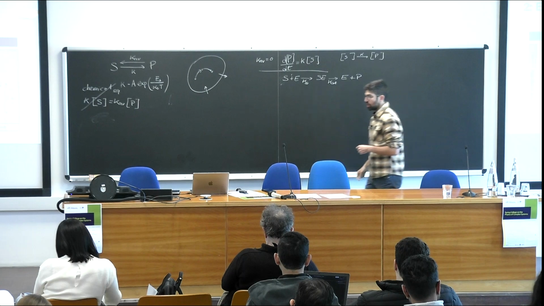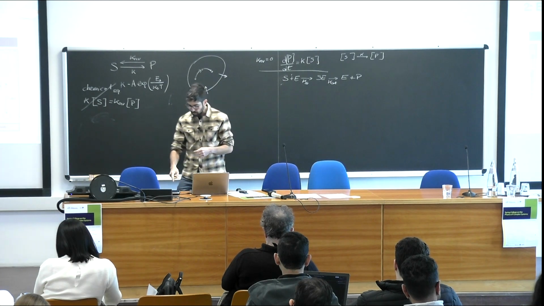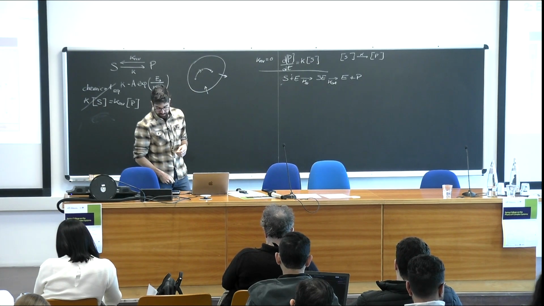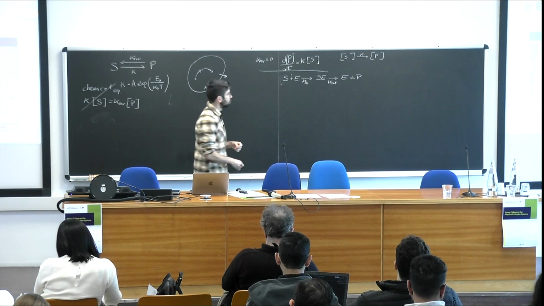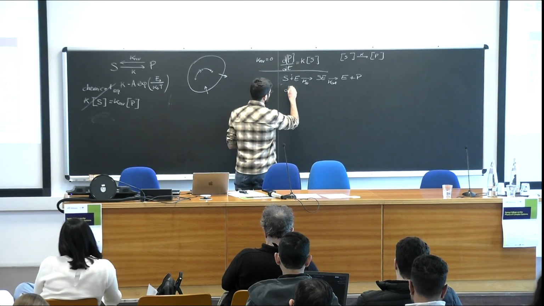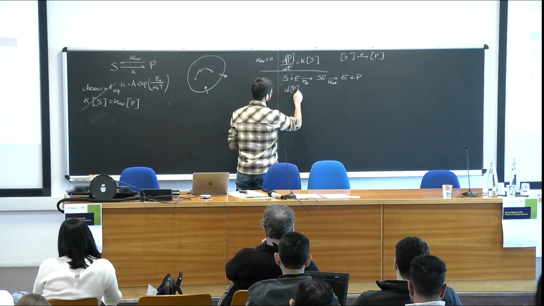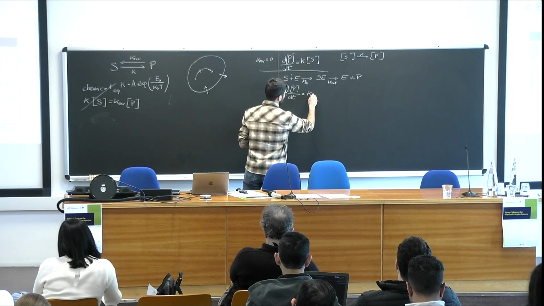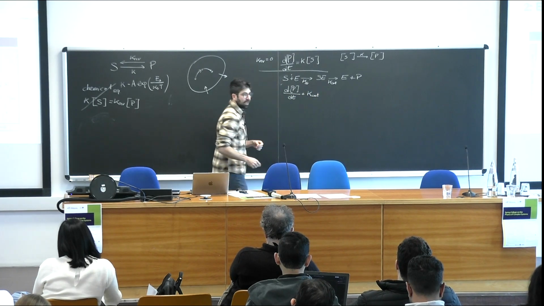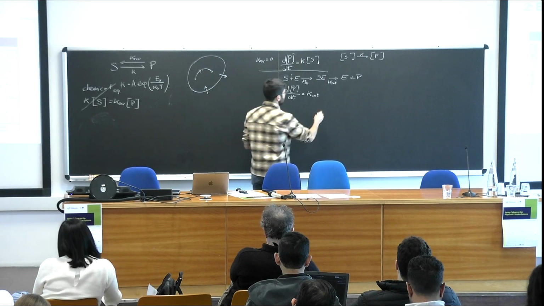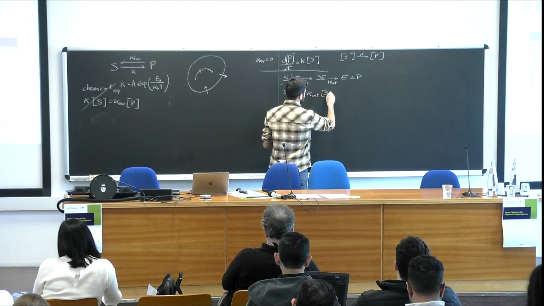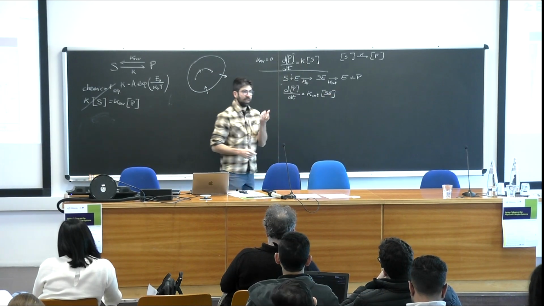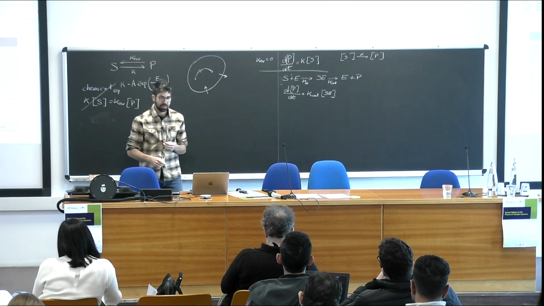Good. So now we have to write basically two equations. The concentration of products will be equal to the catalysis rate times the concentration of the enzyme bound to the substrate.